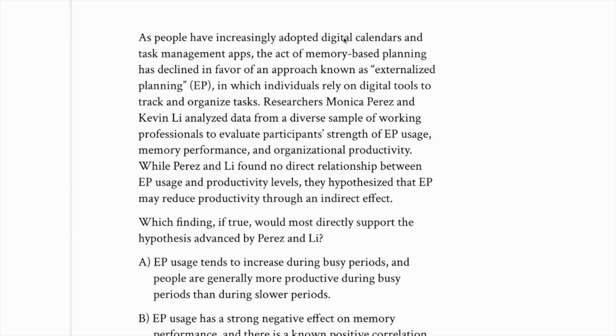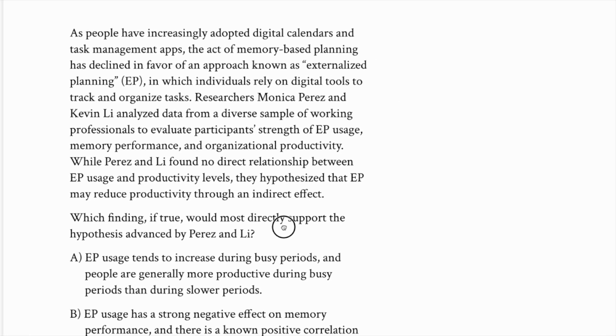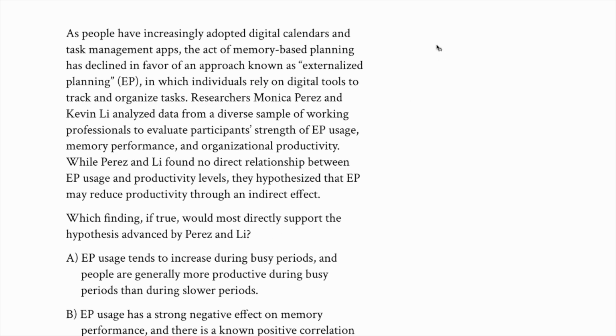And so it says, as people have increasingly adopted digital calendars and task management apps, the act of memory-based planning has declined in favor of an approach known as externalized planning, in which individuals rely on digital tools to track and organize tasks. Okay, and so the annotation here would go something like this. Memory-based planning down, externalized planning up. This goes down, that goes up.